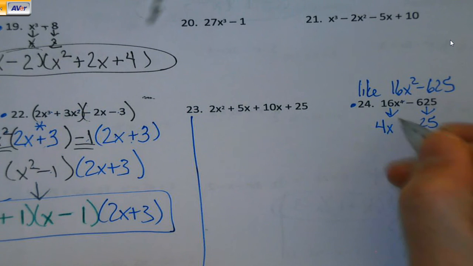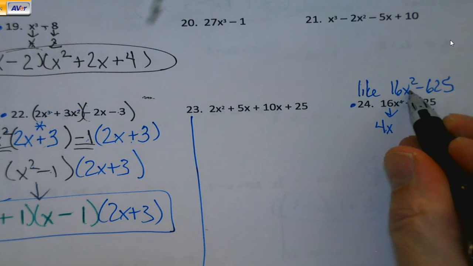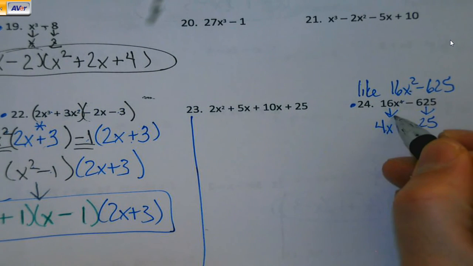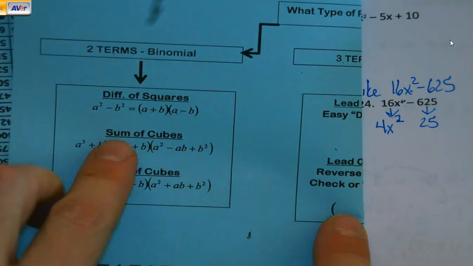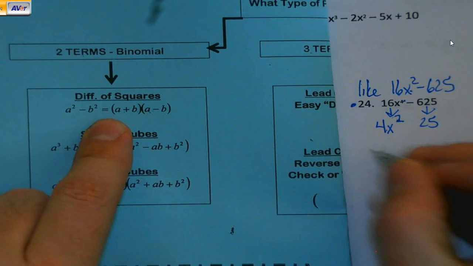The only difference is going to be, instead of x times x is x squared, 2 plus 2 is 4. 4x squared times 4x squared gets me here. So once I have that piece of the puzzle, again, I go back to my difference of squares.